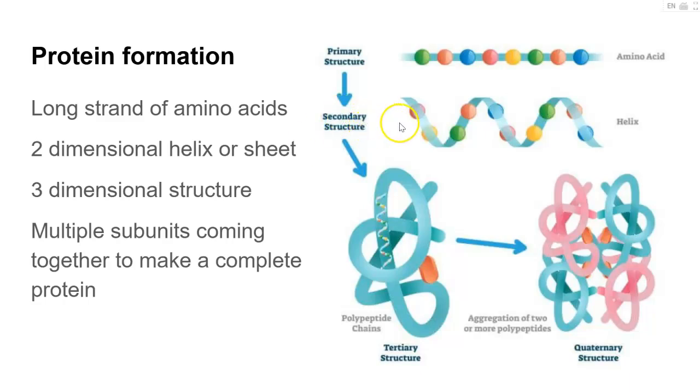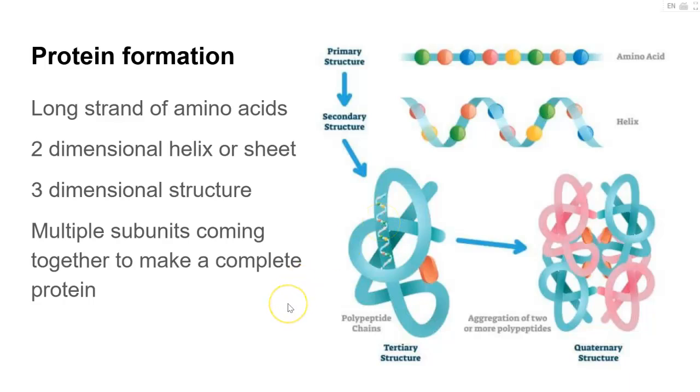These are two-dimensional helices or sheets that form from that long strand, and those in turn become this three-dimensional structure through folding. We call this protein folding. So they create this big glob of a protein, but because of their interactions between the sheets and the helices, they fold in a particular way.